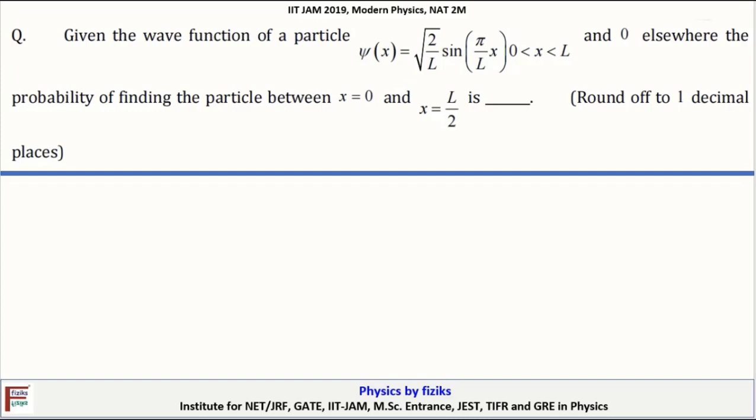Given the wave function of a particle is psi of x equals root 2 by L sin pi x by L, for 0 less than x less than L and 0 otherwise. So probability of finding the particle between x is equal to 0 and L by 2 is. Solution. This problem can be solved qualitatively.